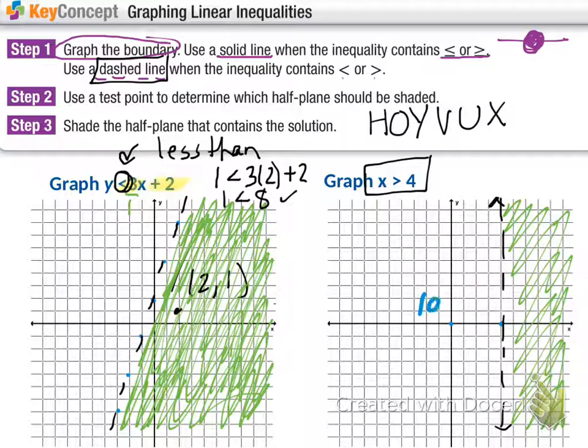That's always going to be really easy to test. And so we want 0, 0 to be wrong. So we need to put the x value in for x. 0 is greater than 4. Is that true or false? That's false. So we shaded in the correct direction. Anything near this guy is going to be wrong. All right, let's try a couple more.